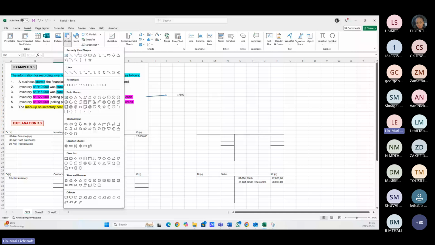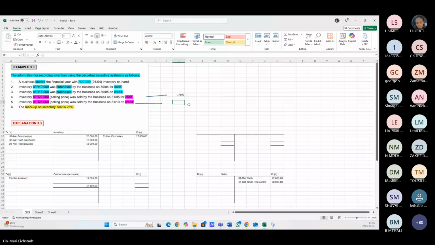So again, how do we work out our cost of sales? We look at our selling price, which is the 26,000, times what do we want, which is 100, the cost price, divided by what we have, the cost price plus the markup. So our cost of sales for the second tranche of sales is 20,800.